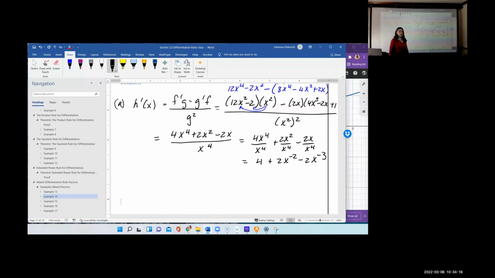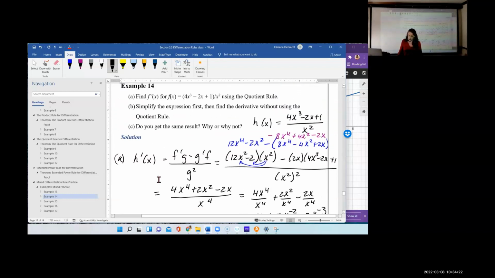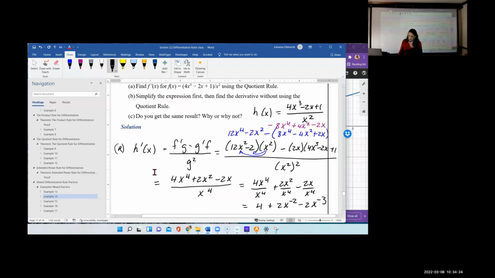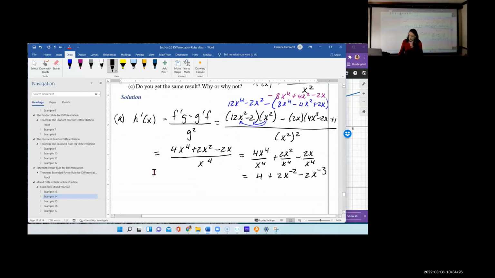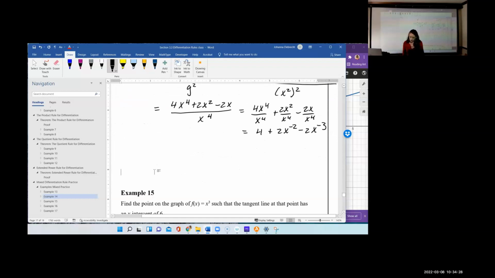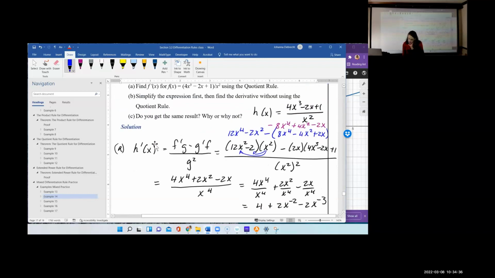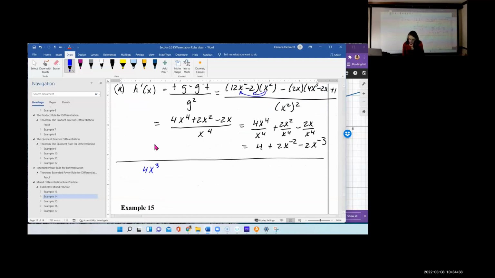All right. Now, the question is, could I have done that from the beginning? And the answer is, yes, I could have. So 4x cubed minus 2x plus 1 over x squared. What was it again? Minus 2x plus 1. And this is my h of x.